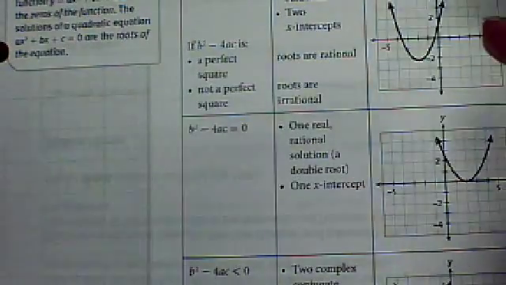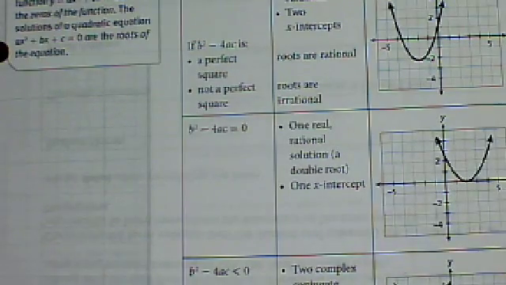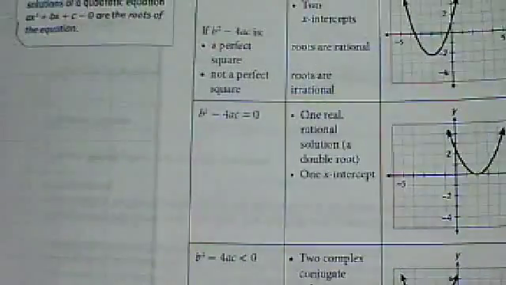If that was from the original equation, you would actually have it touch only once, one x-intercept. If we have less than 0, then that would be those complex solutions, and it would never, ever, ever touch. So we already knew how to use the discriminant to find those things.